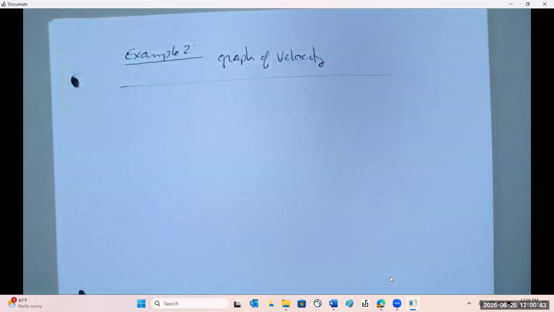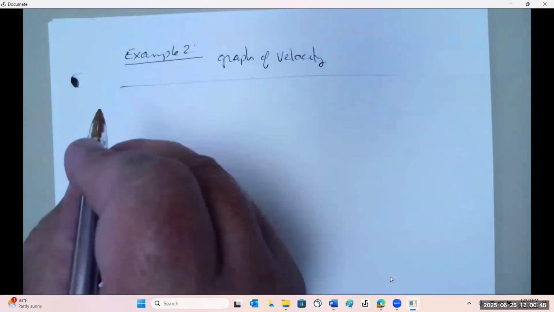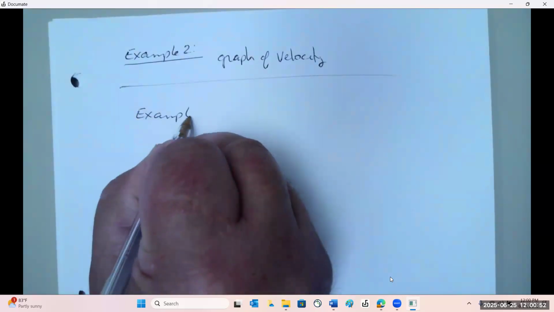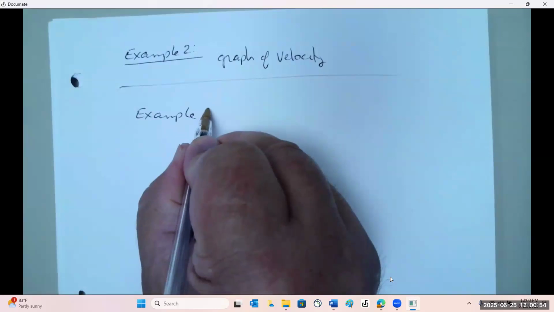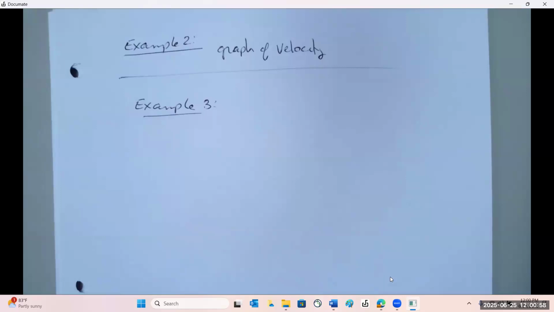Look at the example. I didn't put the definitions of acceleration and jerk because it's just that acceleration is the first derivative of velocity, and the jerk is the first derivative of acceleration.